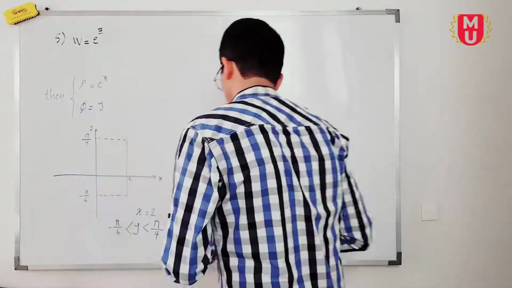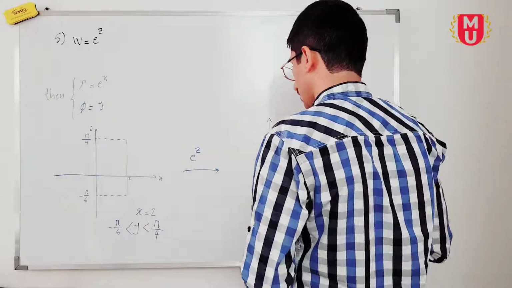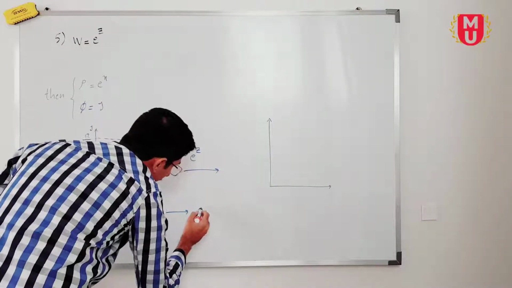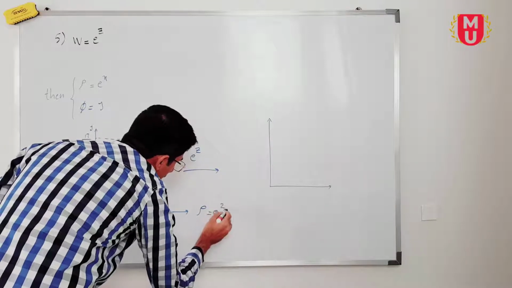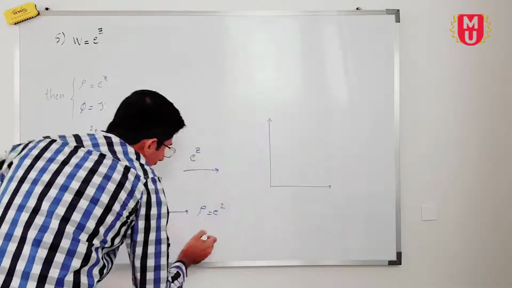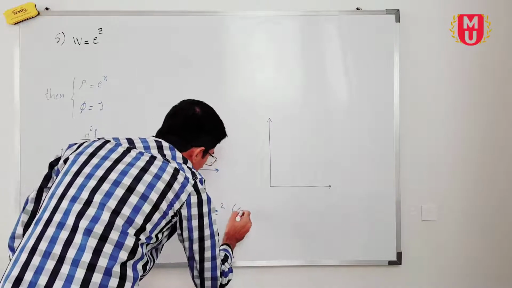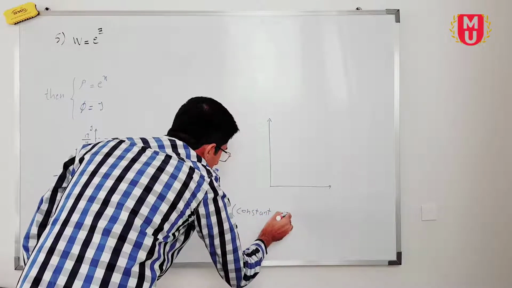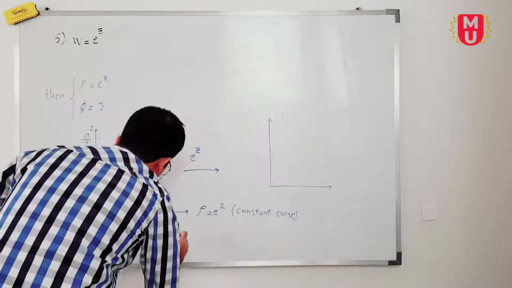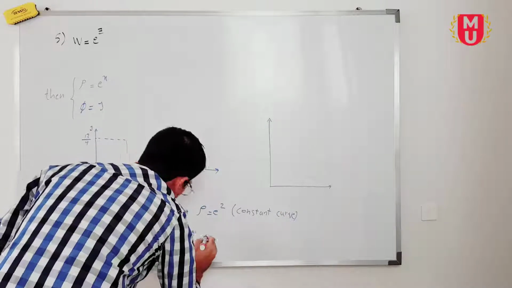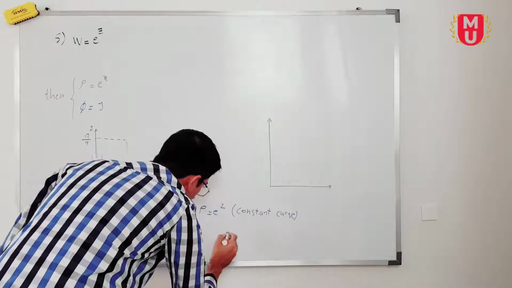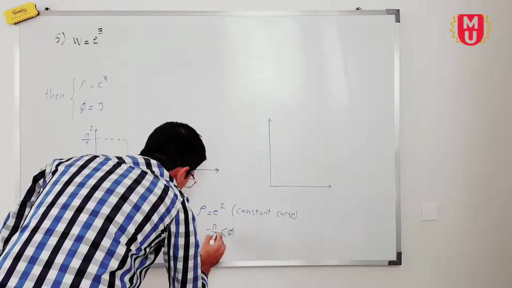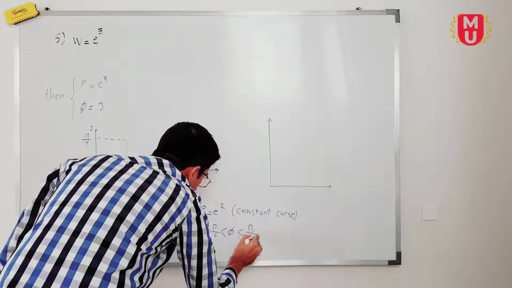X is equal to 2 and rho will be e to the 2. It's a constant curve, and y, which is phi, is between minus pi over 6 and pi over 4.